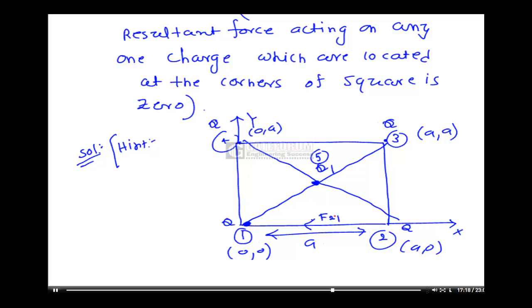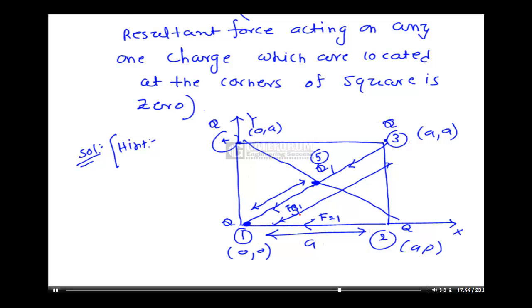Similarly, the force on Q due to 5 is F51. The force on Q due to 3 is F31, in this direction. The total distance is this one. You have to calculate the distance.